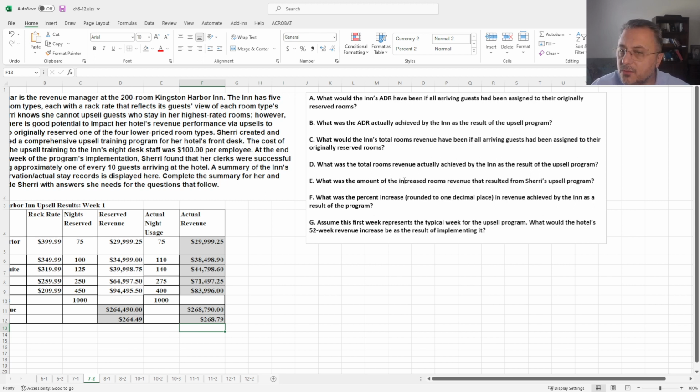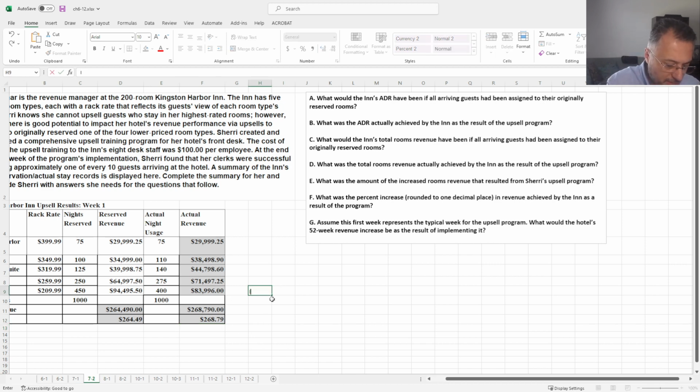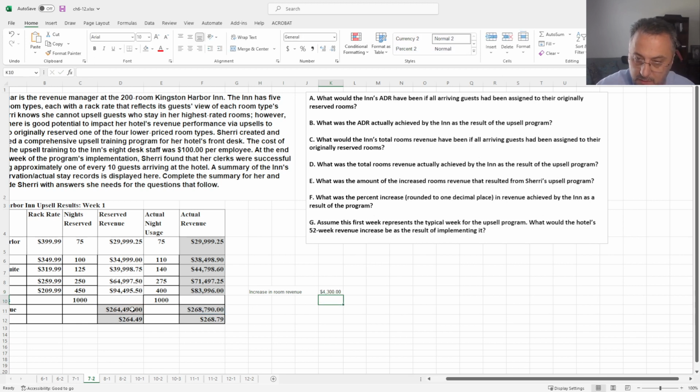What was the amount of the increased room revenue? Let's put it this way. Increase in room revenue. Okay, it's basically this number minus this number, $4,300. What was the percentage increase?